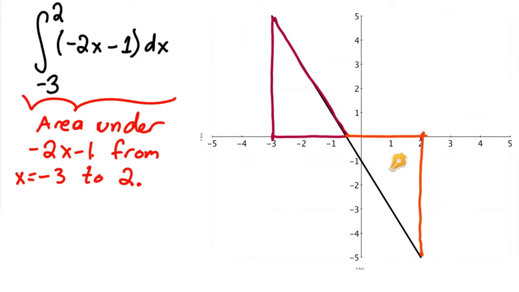This one down here is going to be negative area, and this one up here is going to be positive area. Since we don't have any techniques of integration, all we can do is look at this as the area of two triangles, the difference being that this one is going to be positive and this one right here is going to be negative.